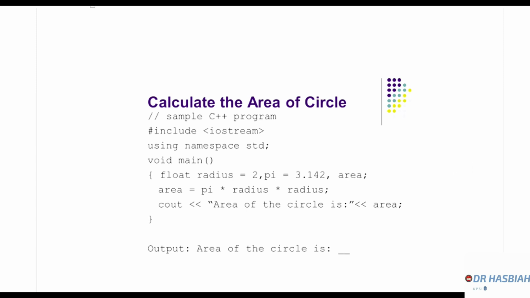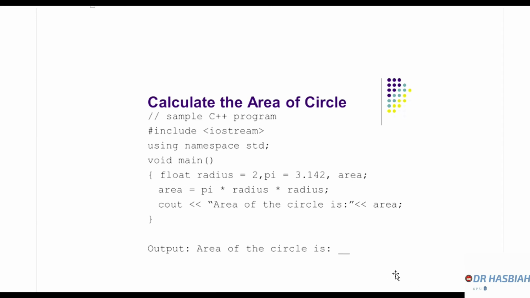So this value we want to display as an output. We don't want to display the text, but the value inside the area. So that's why, for the first one here I put it between open and close double quote, but here I don't put it in the double quote, because we want to display the value of the area that we got from the calculation here.